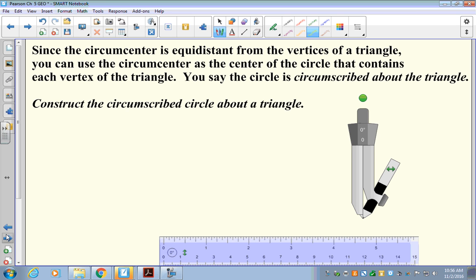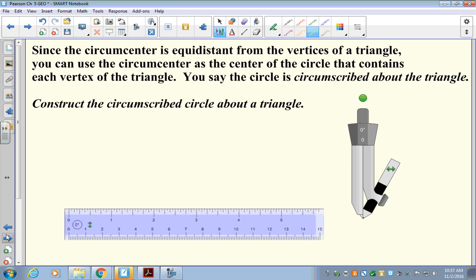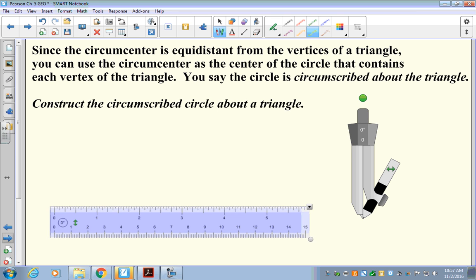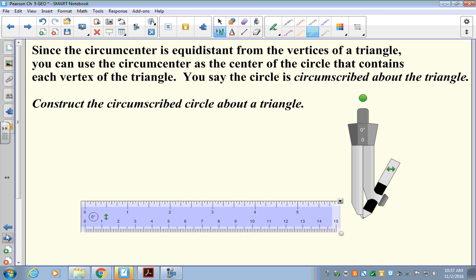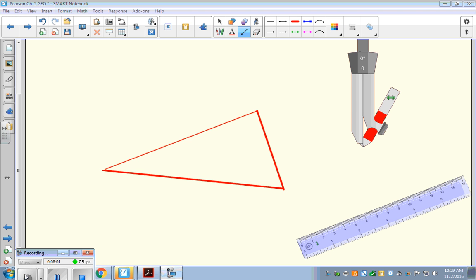So let's first make a triangle. So after we make our triangle, we're going to make our perpendicular bisectors for each side. It's a good thing we practiced that today, right?